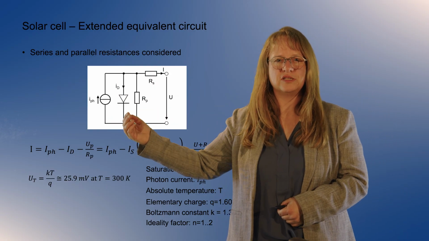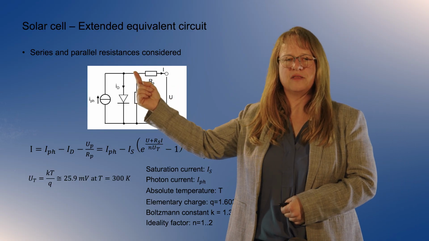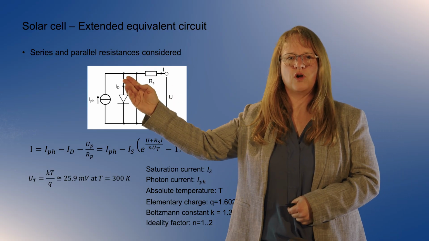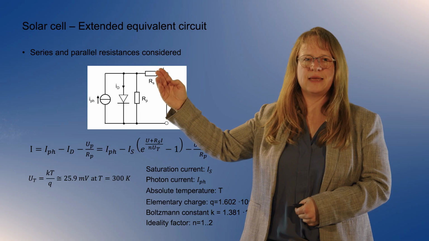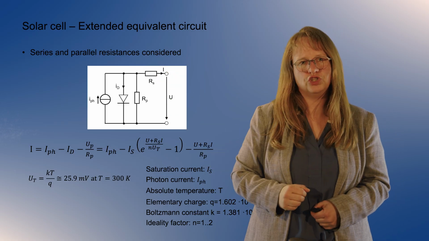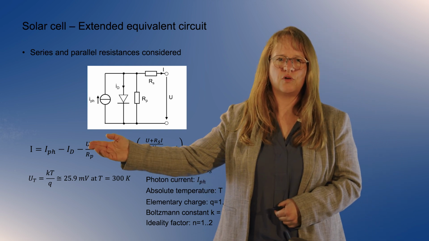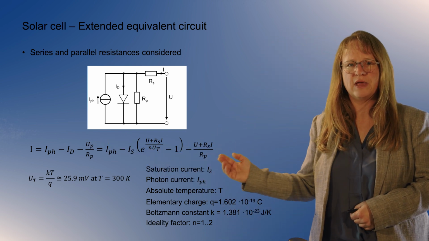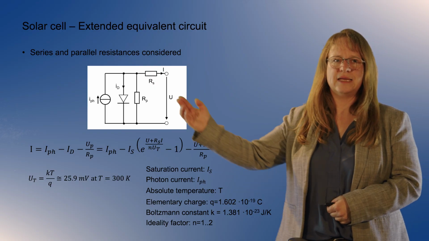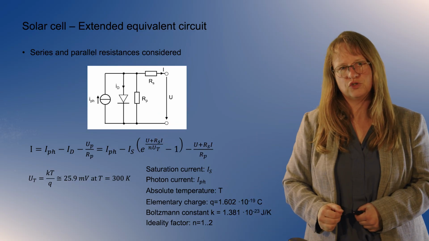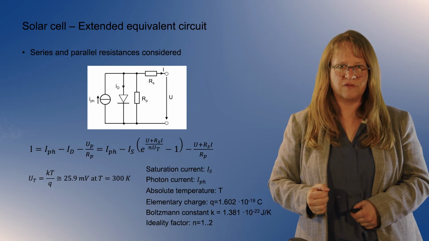The diode voltage is given by the voltage U plus the voltage through the resistor, so we have a voltage drop along this direction. This diode voltage is Rs times I plus the voltage U, and that is what is put up here in the exponent. The diode voltage also needs to be put in this position, so we have the voltage plus Rs times I over Rp as the current flowing through this resistance. This is the IV curve of this extended equivalent circuit.